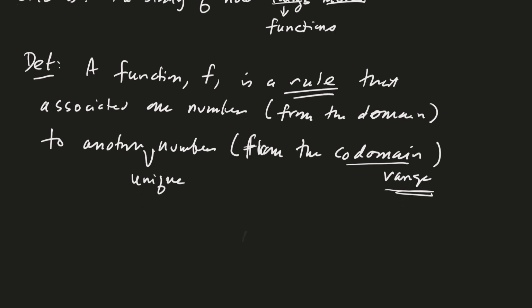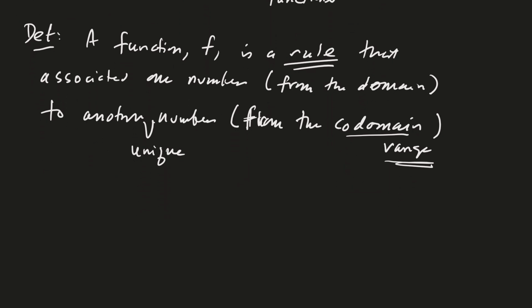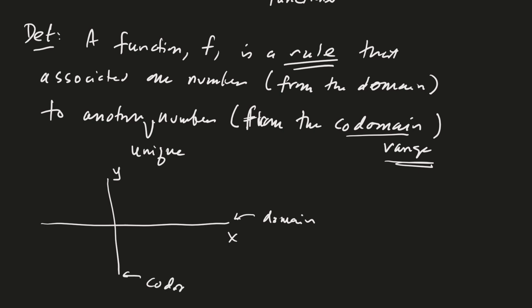And so, in fact, you might remember that graphically, we usually put our x down here and our y up here, and so the x's represent the domain, and the y's represent the codomain. And then for each point on here, you can think of it as defining a relationship between the domain and the range.